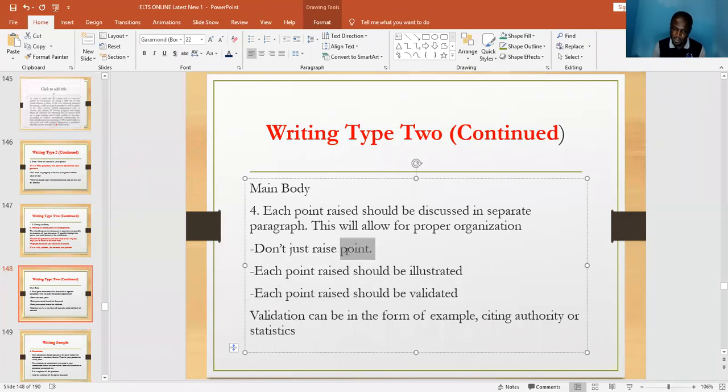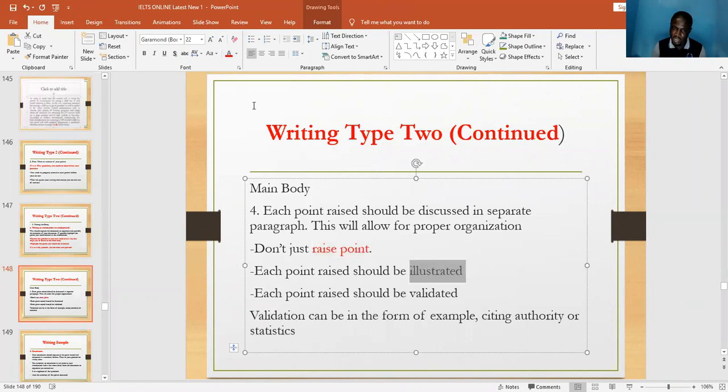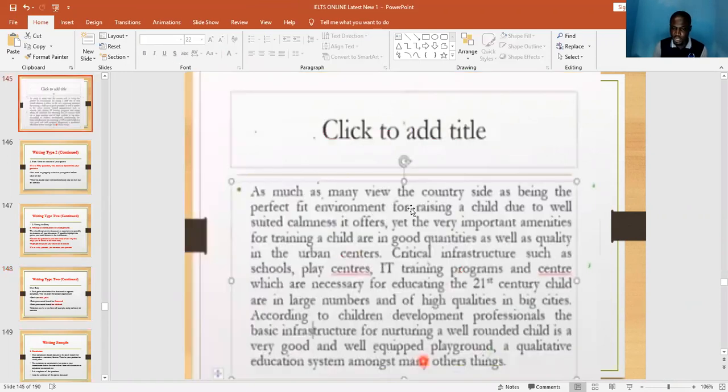Raise the point. 1, 2, illustrate the point. 3 is validate. Okay, so I just highlighted them here now. Those are the key components of a paragraph and what makes a paragraph very, very sound. Now, that was what led to this.